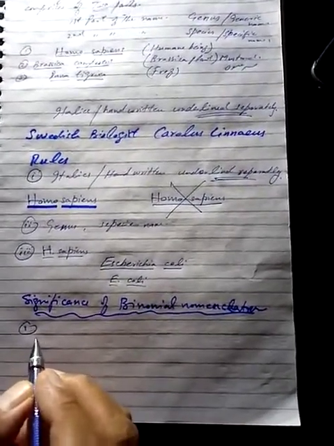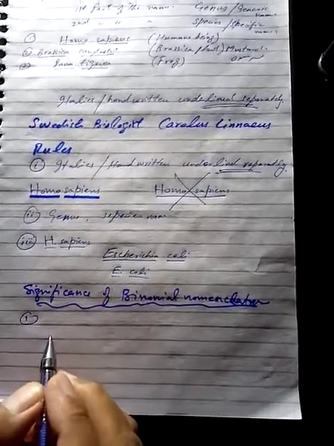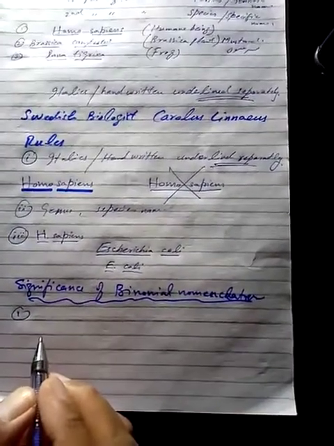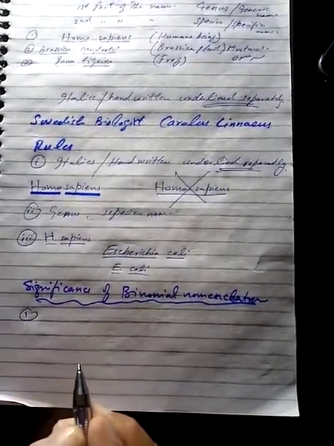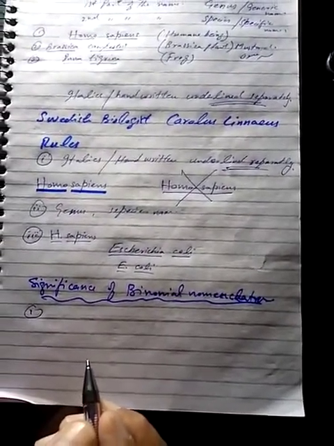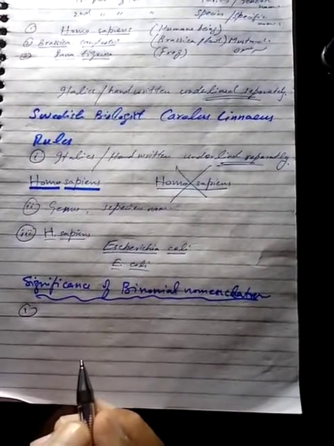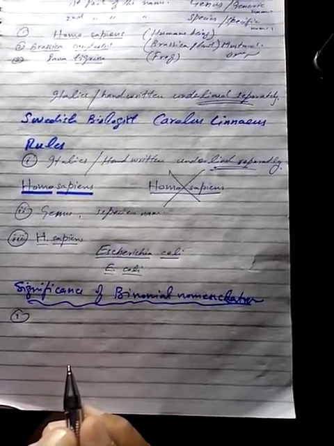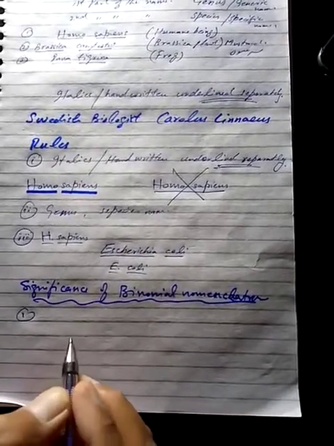Number two, one organism may have different names in different regions of the world, or two organisms may have the same name in different languages or in different regions of the world.